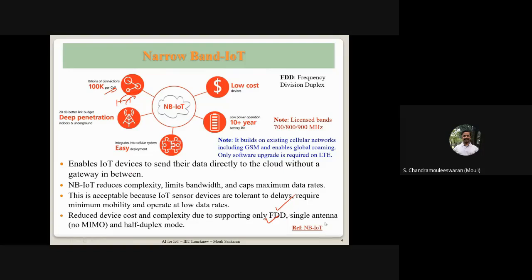And single antenna. I will not go into MIMO now because I am already explaining a lot of things which you may not be interested in. In simple terms, MIMO means multiple antennas will be there on the device side as well as on the base station side, and they communicate using all the antennas, so that even if one of them is not connecting well because of some shadow or whatever, other antennas can communicate successfully.